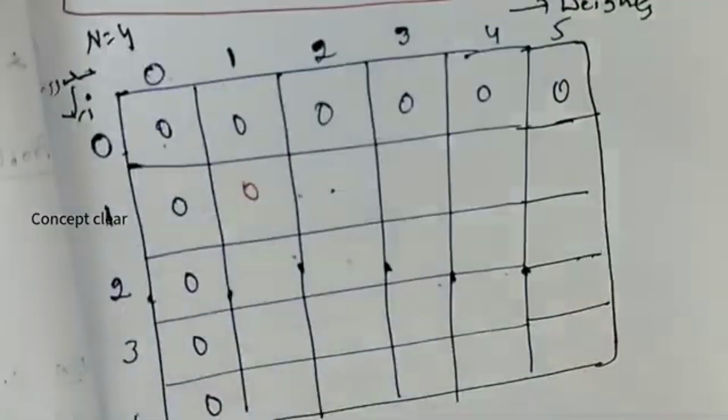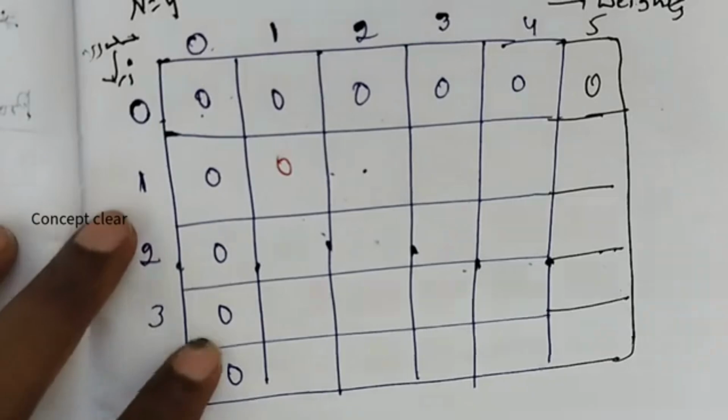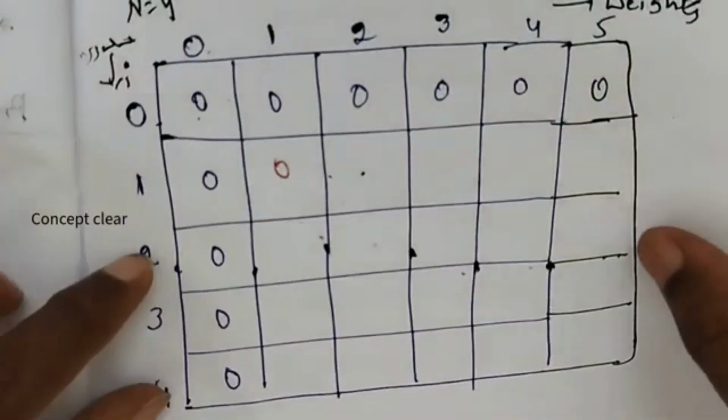According to the table, T of 0 comma 2 value is 0, so here we take 0. And T of 0 comma 0 means 0, so here also 0.